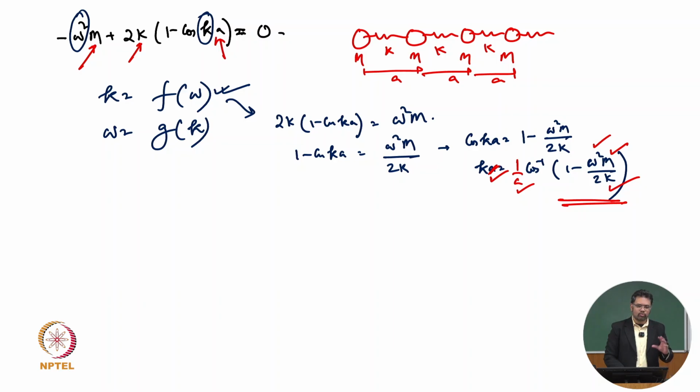So what is the range of cos x? The range of cos x for real x is -1 to 1. We know that, where x belongs to real numbers.